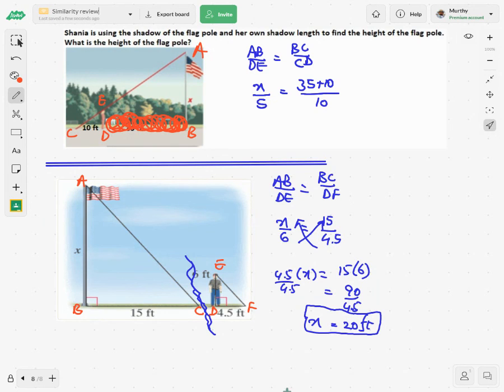Here onwards, you know what to do. We go for cross multiplication. That is 10x equals 5 times 35 plus 10, that gives me 45, division by 10. So the x value equals 22.5 feet.